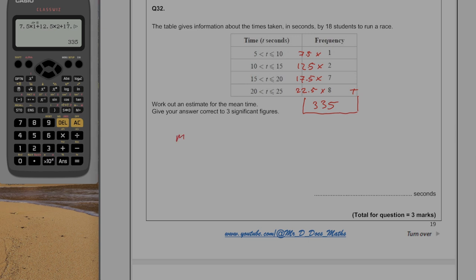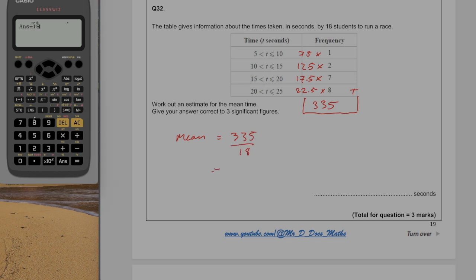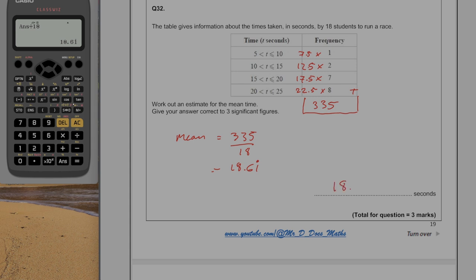So our mean is going to be equal to 335 divided by 18. Divide that by 18, and that gives us 18.61 recurring. So if we're giving it to 3 significant figures, that's going to be 18.6.